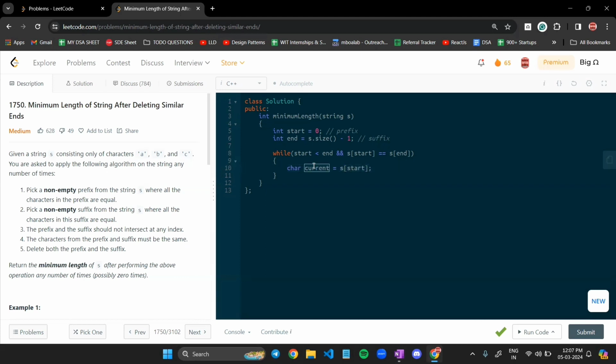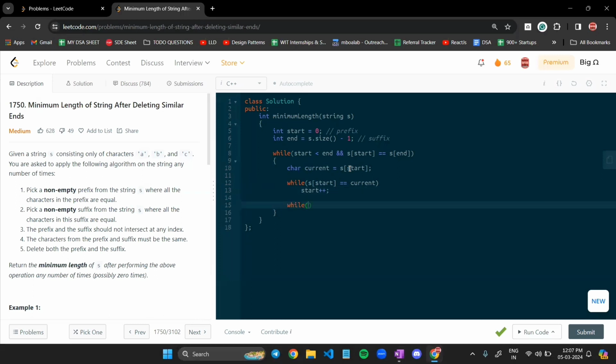And why are we using this current? We are using this current so as to ensure that all the characters which we are taking in our prefix or in suffix are the same as this current, right? Now after that, what we have to do? While s of start is equal to current, we were incrementing start.